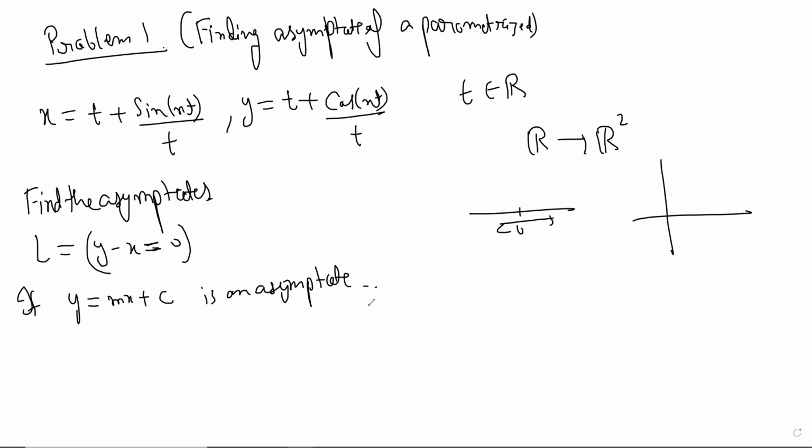Systematically, how do we find the m? Well, you can see from this that this will be just like equating the coefficient of t. What does that mean, equating the coefficient of t?